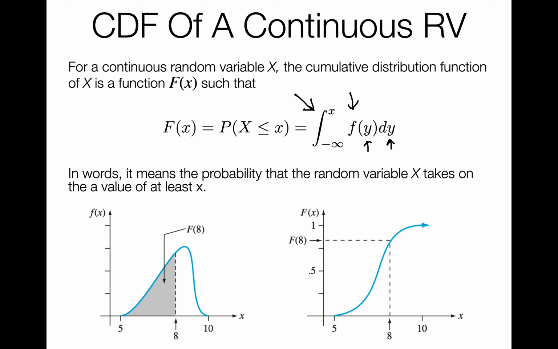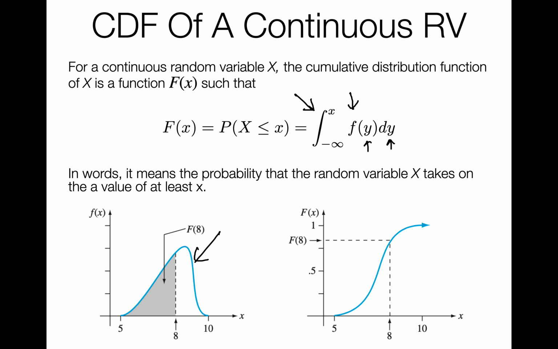Right, so in words, what the CDF means is that, as we know before, it's the probability that a random variable takes on a value of at most x. Now that we're dealing with PDFs that look like curves instead of probability masses at a point, we're again finding the area under the curve.